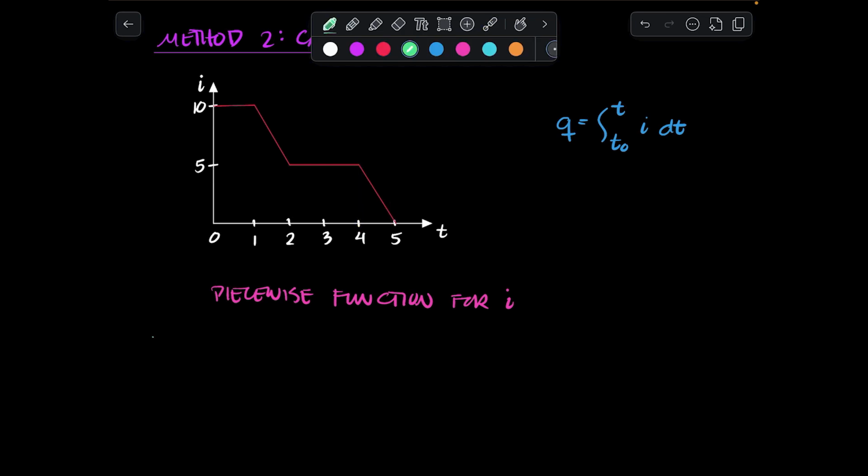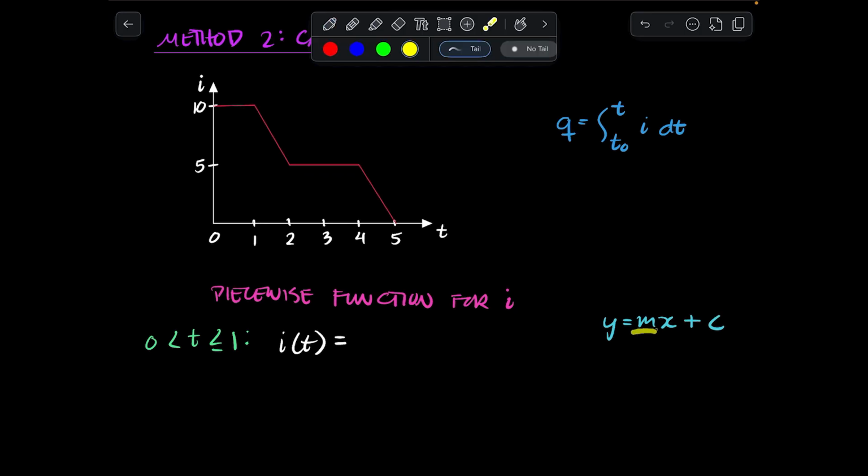So from 0 to 1, we have that I of t is equivalent to this line. Let's refer to this equation.